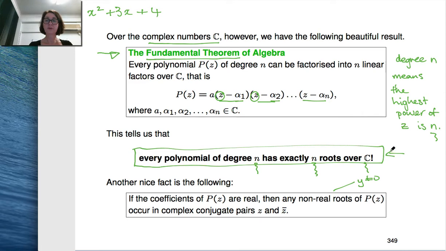Not all of the roots though will be distinct, so you might get some repeated roots. Okay.